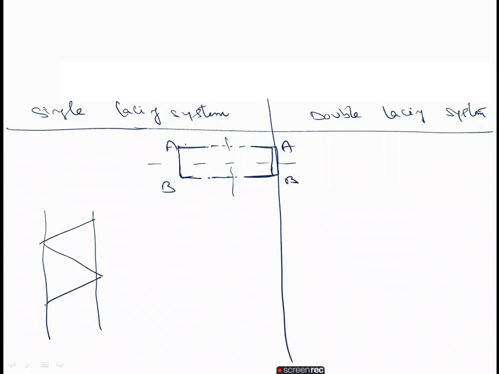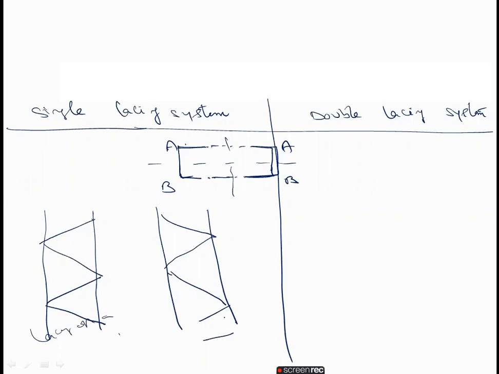Like this. On the B side, how will we provide it? If you observe, we are not providing both sides the same way; we are providing them separately. So this we call lacing on A and lacing on B. This is what we call a single lacing system.